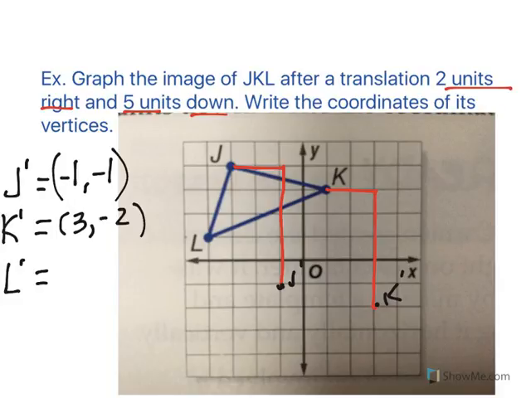And then my last one is going to be L. I have to go 2 to the right, and then 5 down. It's going to be here. That's right there. And that's going to be L prime, and that's points 1, 2, 3, 4, -4.